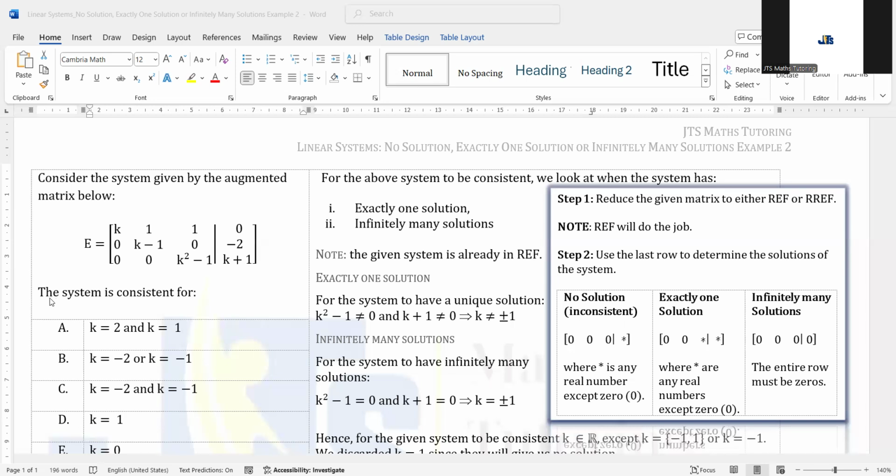But if the question had said the system is inconsistent, then that means the system does not have a solution. So we are looking at for what values of K will this system give us either exactly one solution or infinitely many solutions.